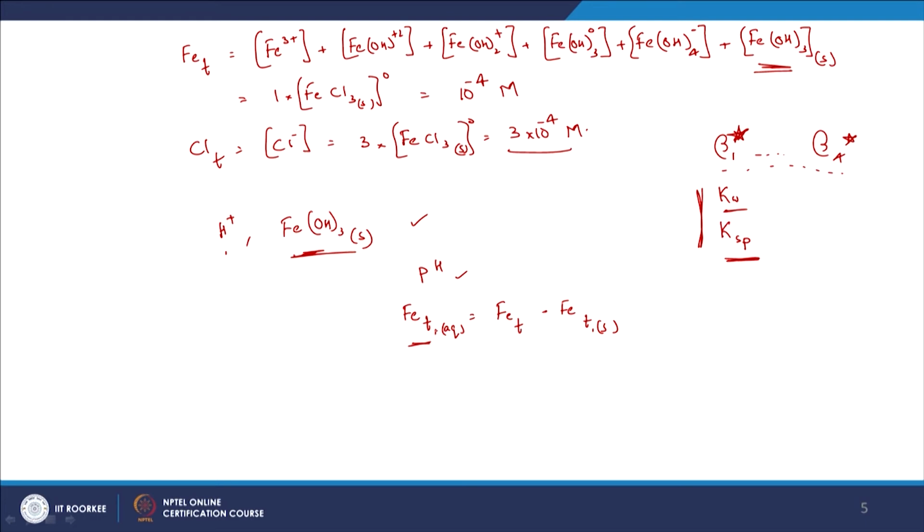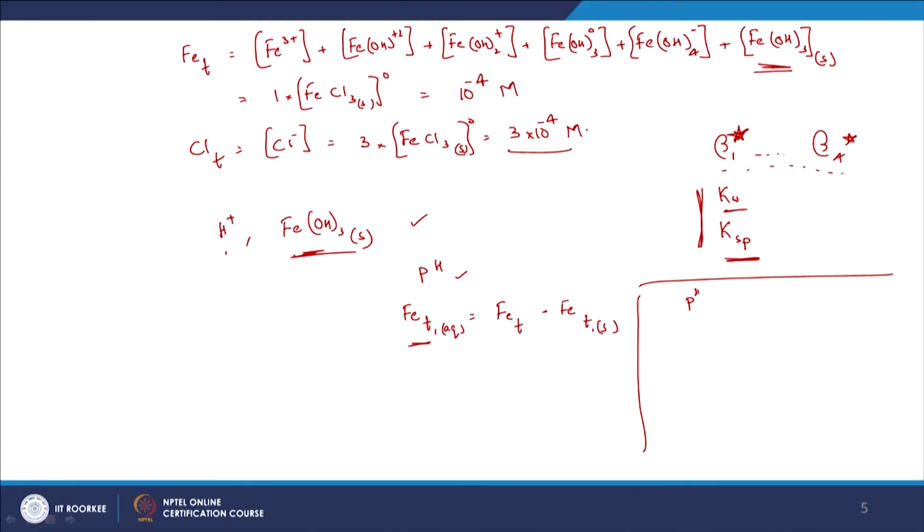Again, keep in mind what we have been up to. Let us summarize. Initial pH was given and alkalinity was given. From this we calculated CO3 total initial and H total initial. Because of adding FeCl3 solid, there is no further change in CO3 total or H total, so they are still the same values.